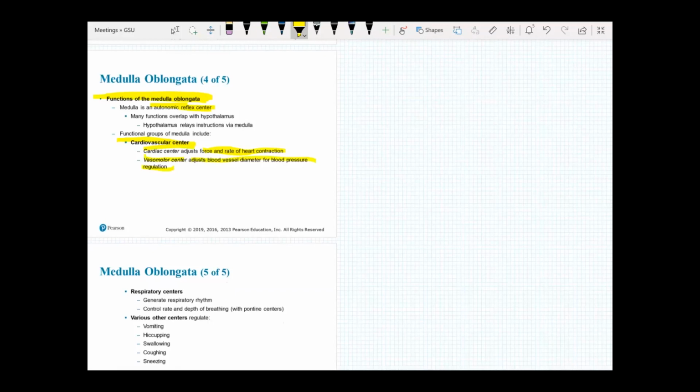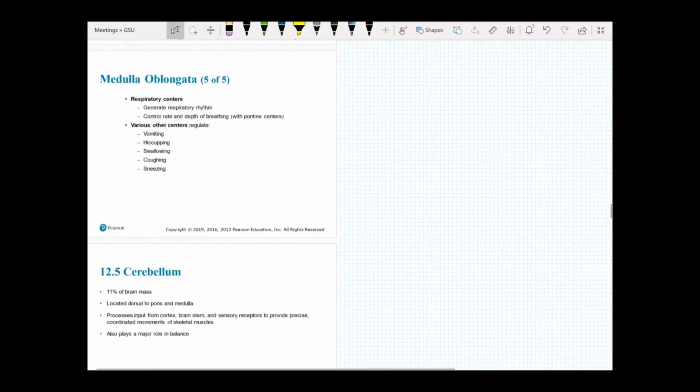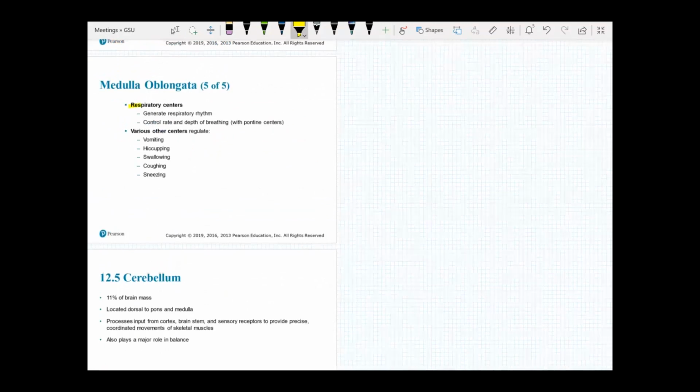So it is very important in the autonomic nervous system, the cardiovascular system, and also the respiratory system, because it will generate your breathing rhythm and the rate and depth of your breathing. That is a big one for your medulla.